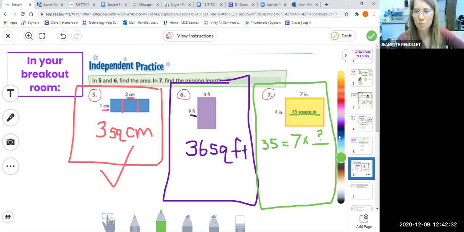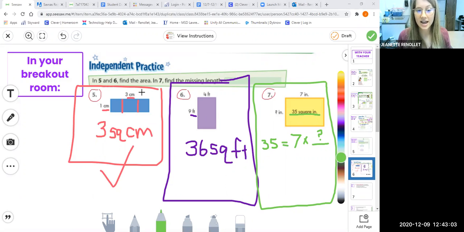Who can find the width? 7 groups of blank equals 35 square inches. Who's got that width? Who knows our missing factor? Seven groups of blank. Who's got it? I see some chats. Well, no one shared it in the chat.